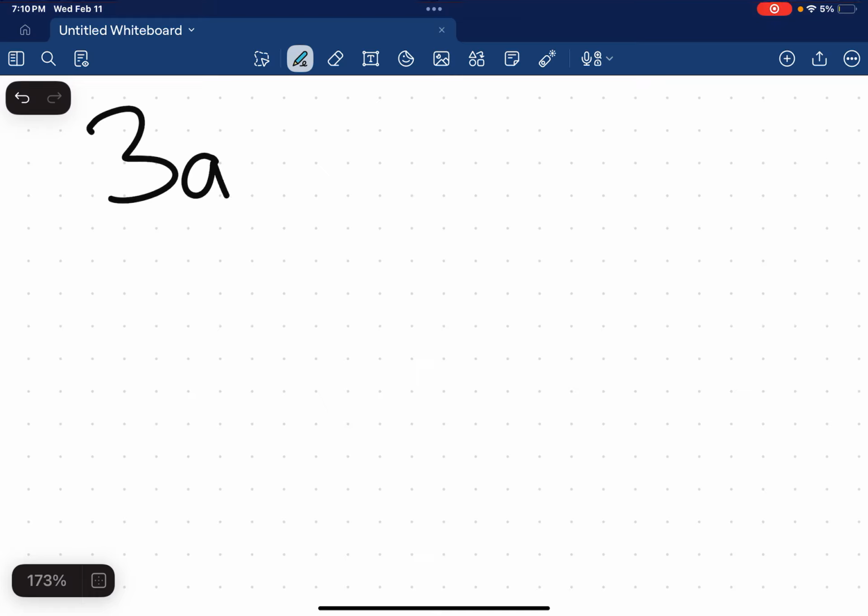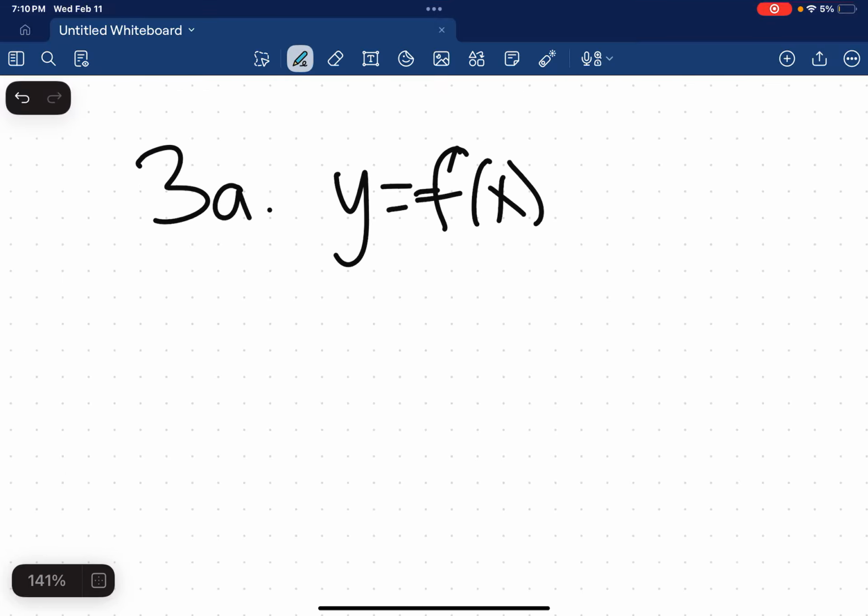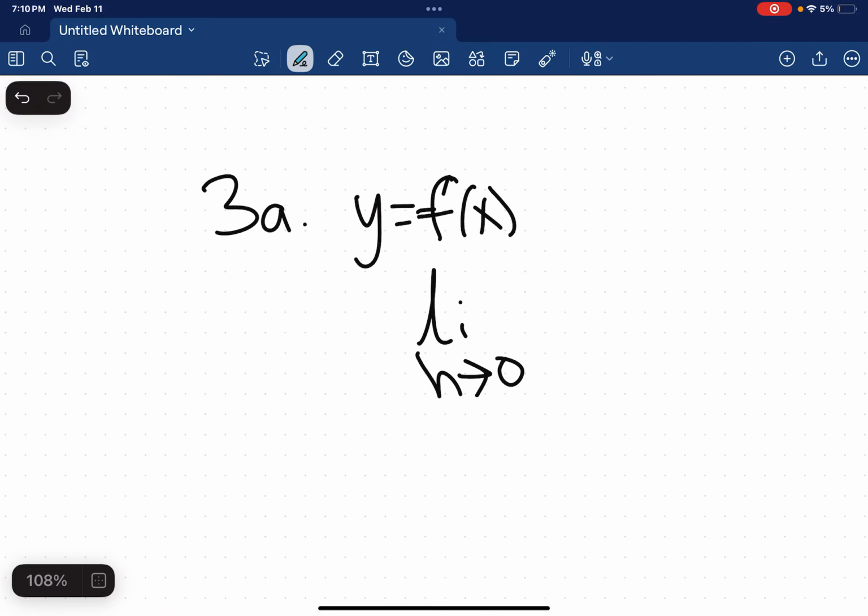Okay, 3a says, by using the fact that the gradient of a curve y equals f of x. Okay, it's just giving us the limit definition. Limit as h, which is what we did last time. I'm just going to write this down real quick.